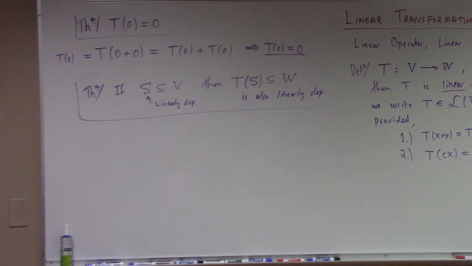So the image of a linearly dependent set is once more linearly dependent.